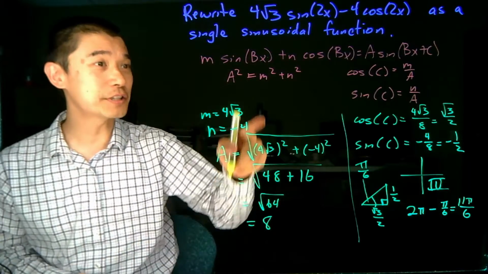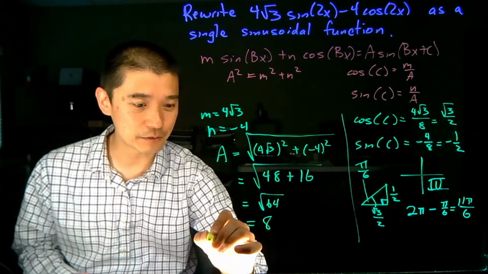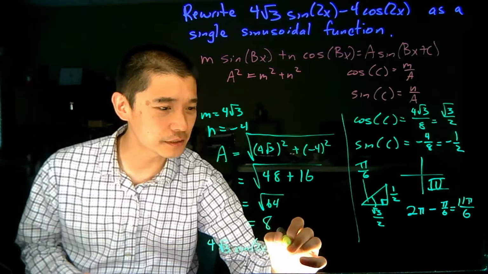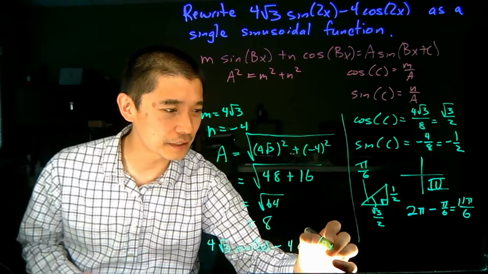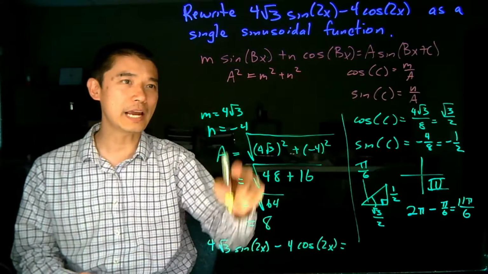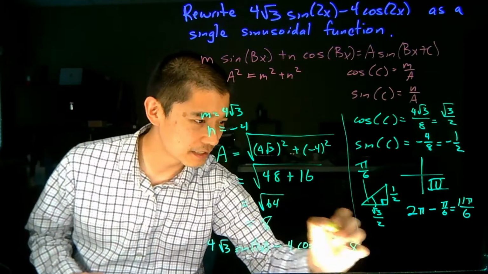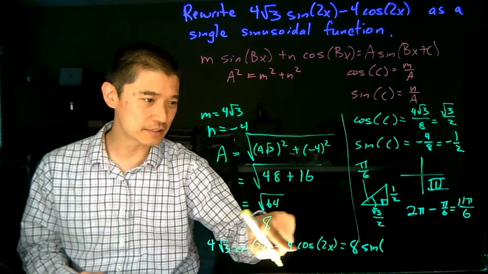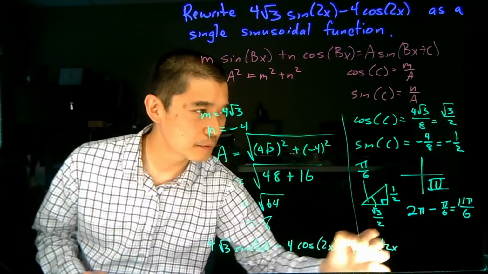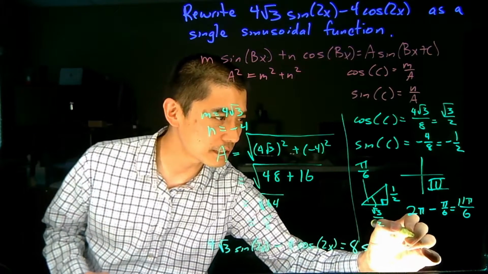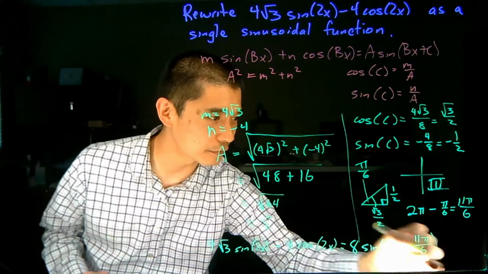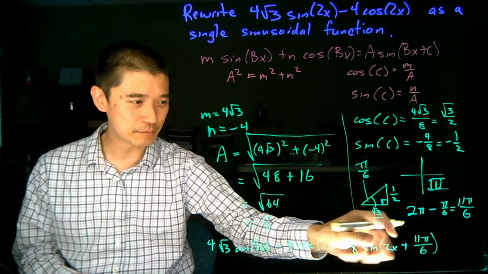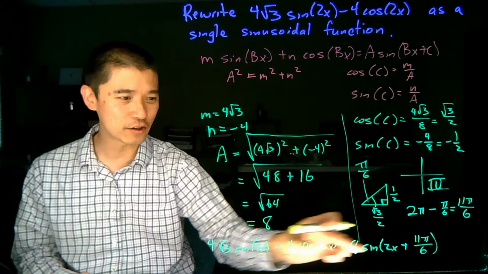And so when we put it all together, this expression right here, which I'm going to rewrite, 4 root 3 sine of 2x minus 4 cosine of 2x, is equal to a, which is 8, times sine of bx, where the b is the same throughout, 2x, plus c, plus 11 pi over 6. And if you were to take the sum of angles formula and apply it to this and expand it all out, you should get this.